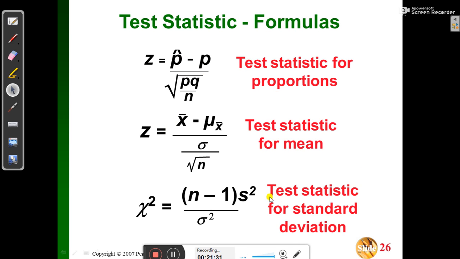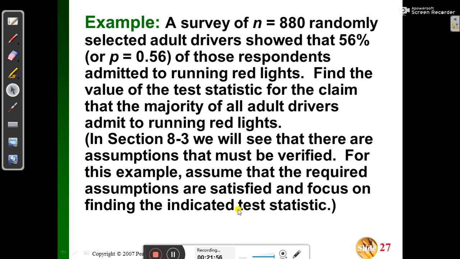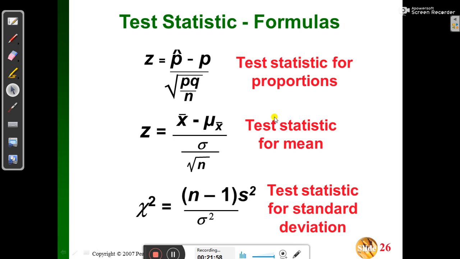Suppose your experiment is working in a proportion environment, or you are calculating with proportions, then you can go for this one. Or if you are using the mean for your null hypothesis, then you can go for this one. Or if you are using standard deviations in your study, then you can go for this equation. So for different types of environment, the formula might be different.